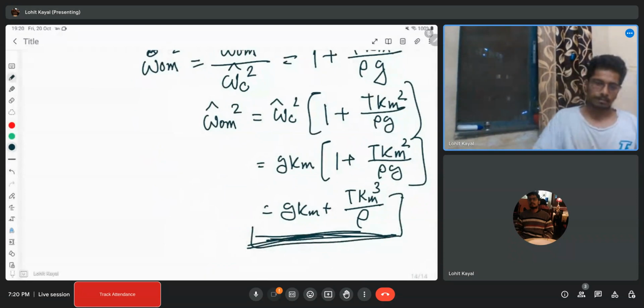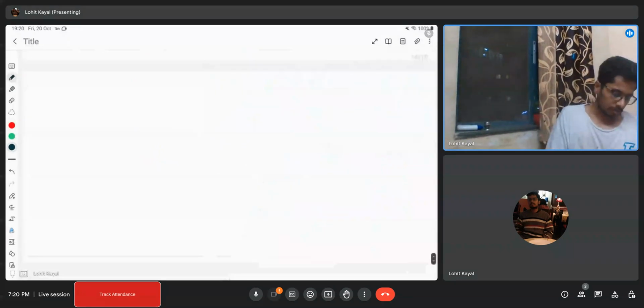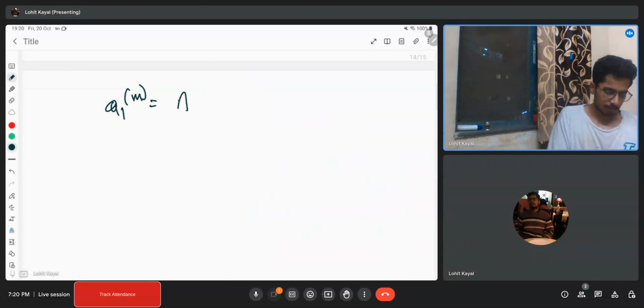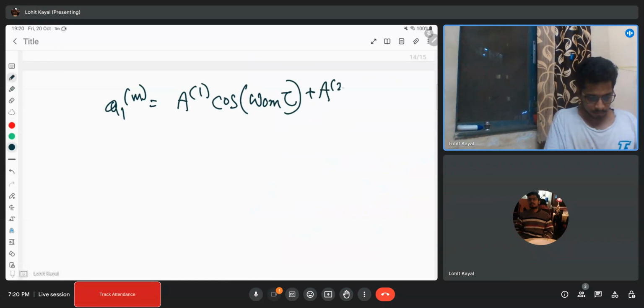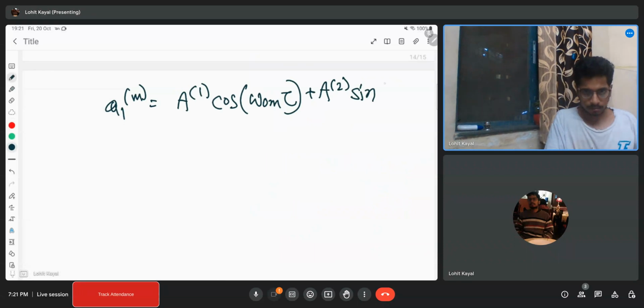All right. Now, what will be the solution of that equation? One solution to the equation a1m is equal to some a1 cos ω0m τ, where ω0m square is equal to 1 plus sigma, plus a2 sine ω0m τ.